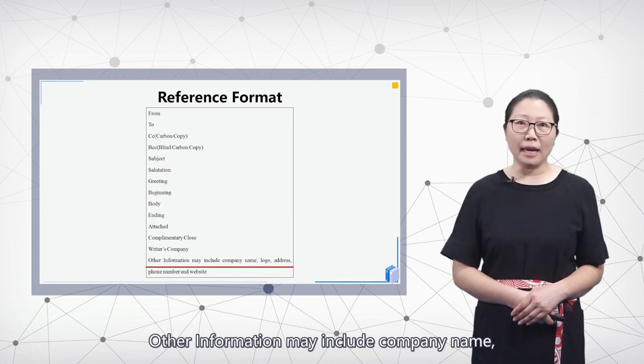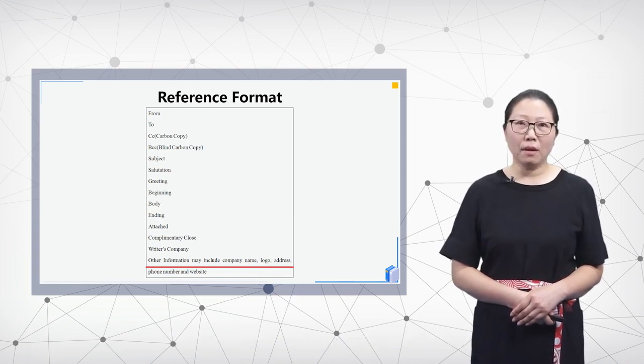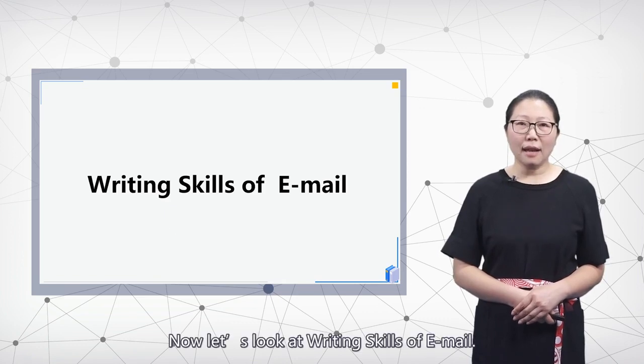Other information may include company name, logo, address, phone number, and website. Now let's look at writing skills of email.